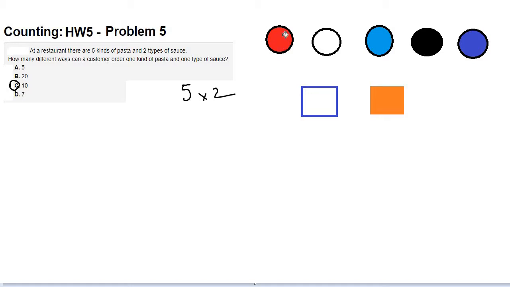So for the red pasta, we can pick up this sauce, and for the red pasta we can pick up this other sauce. So red pasta can create two different kinds of orders, and for white pasta you can pick up blue sauce and you can pick up orange sauce. So you can order two different kinds with this pasta.